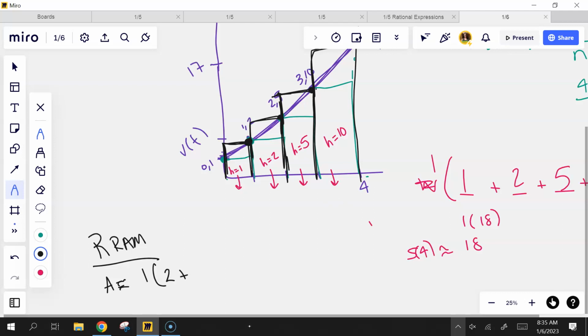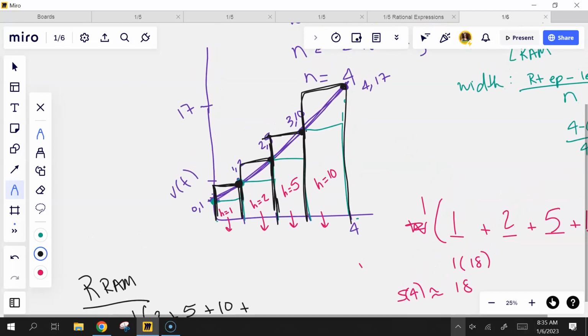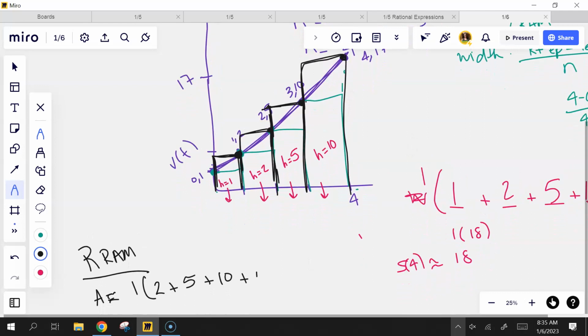What about the second rectangle? 5. Next one, 10. And the last one, 17 this time. So now my heights are 2, 5, 10, 17. See the difference?